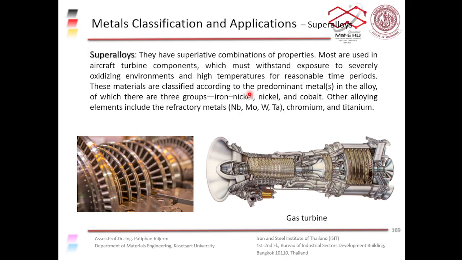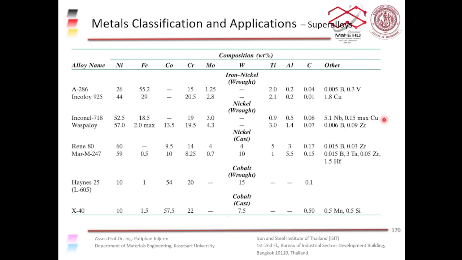So these superalloys are super because within themselves they have good properties, but when you add all these alloying elements, you make them better. So we have iron nickel based superalloys, nickel based superalloys, wrought nickel, cast nickel, and cobalt based superalloys.